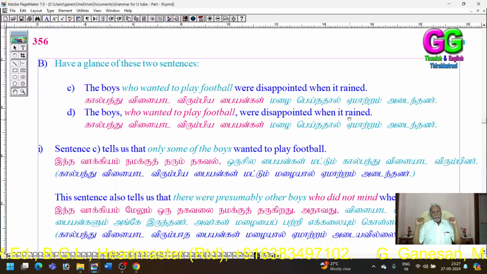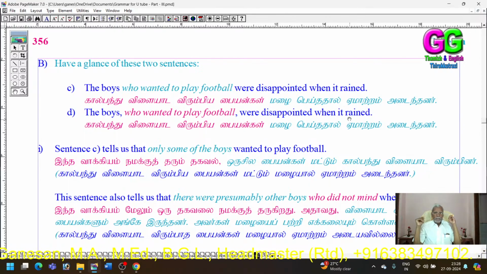Okay, my dear students, again, the two kinds of sentence, defining and non-defining relative clauses. The boys who wanted to play football were disappointed, that is, got disappointed when it rained. It has two meanings. Only the boys who wanted to play football got disappointed when it rained.